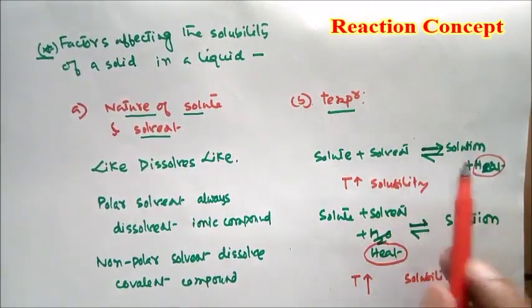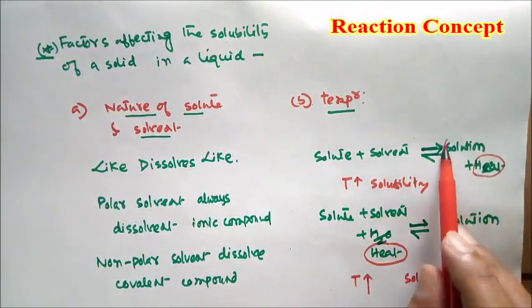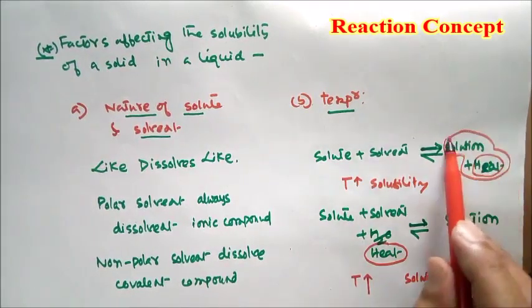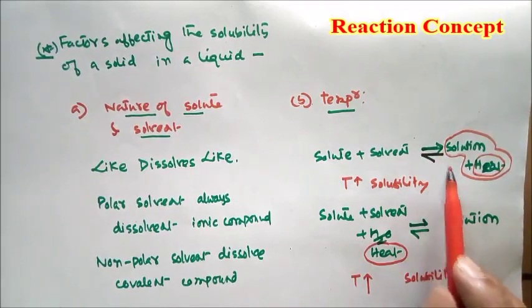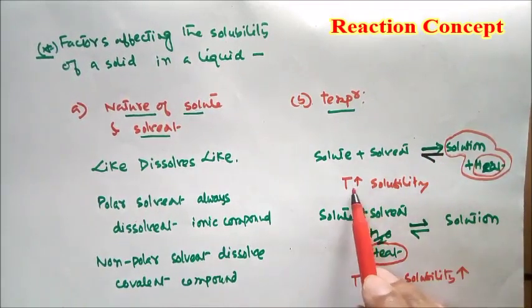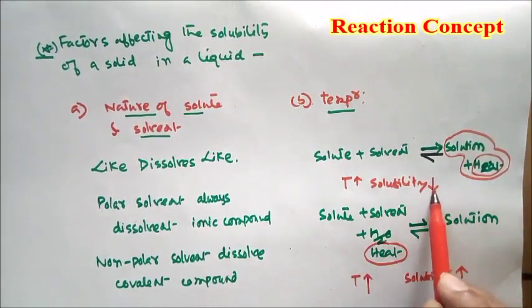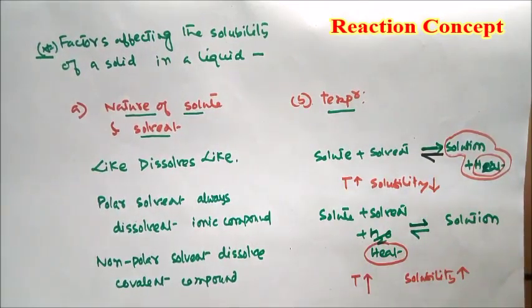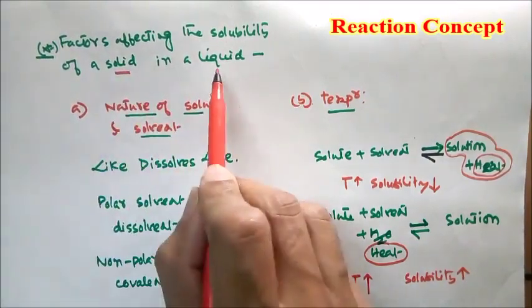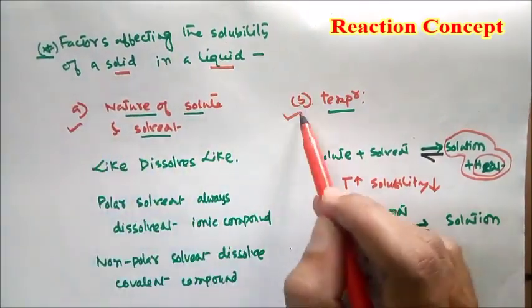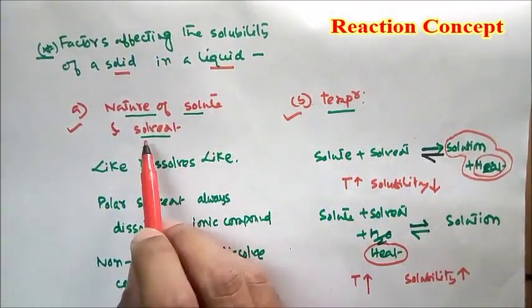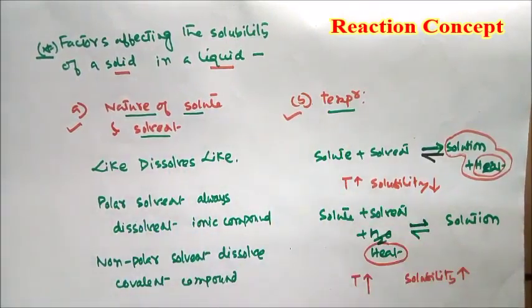This is because increasing the temperature favors the reverse reaction. So this is how a solution where the solute is a solid and the solvent is a liquid depends on these two factors, that is, the nature of solute and solvent and the temperature of the process.